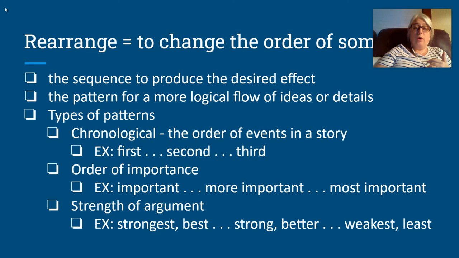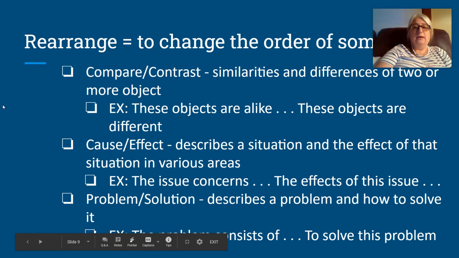You want to start with your strongest and best piece of information, and then go to your next strongest piece of information, and then to the weakest. And again, if the weakest can actually be argued against your own argument, you may want to even take that out. So really think about how you want to organize it.